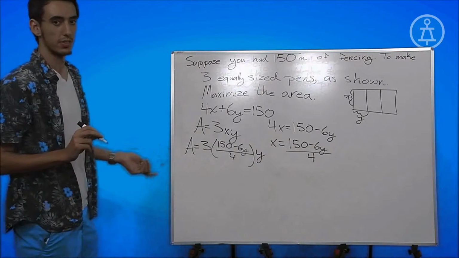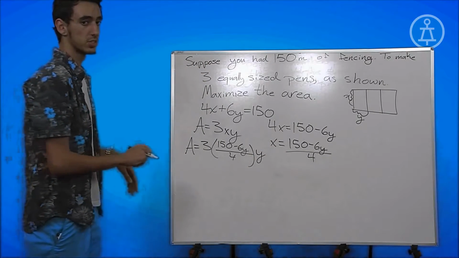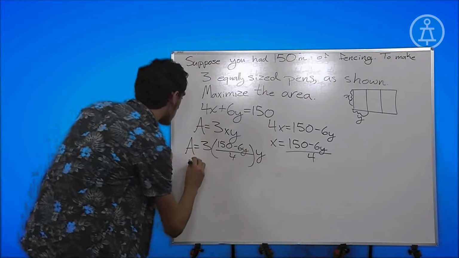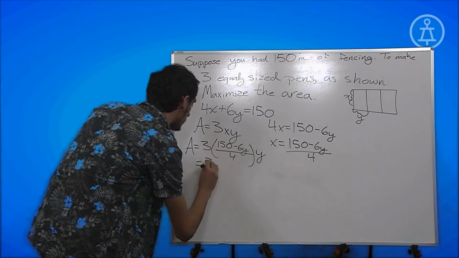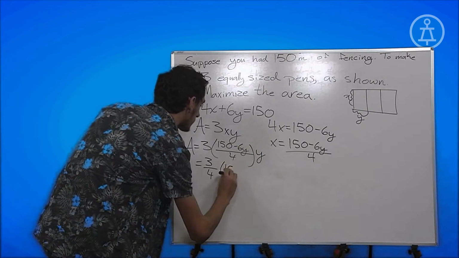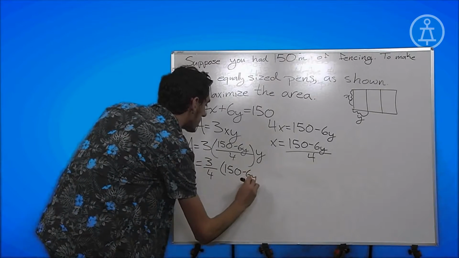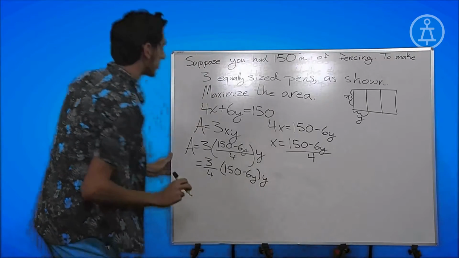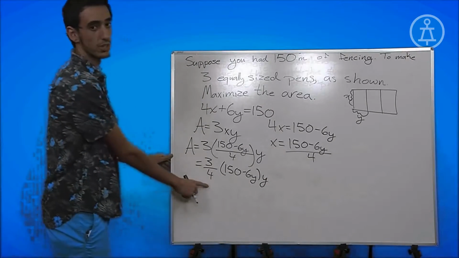Okay, now we have to take the derivative of this. Right now it's a little messy, but that's okay because we can pull out some constants. So let's pull out the 3 over 4. And now all we're left with is the 150 minus 6y times y. So let's do product rule on these two because we don't have to worry about the constant.